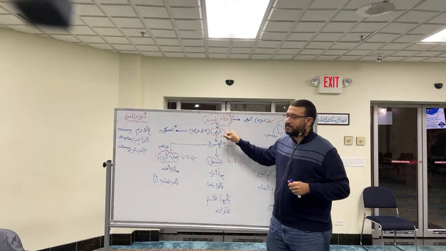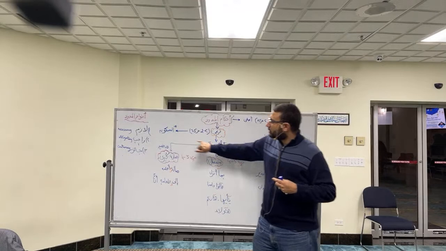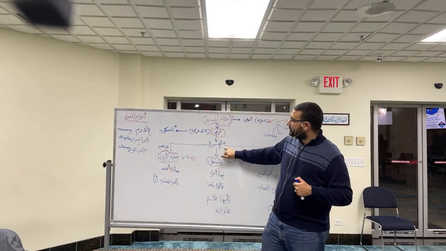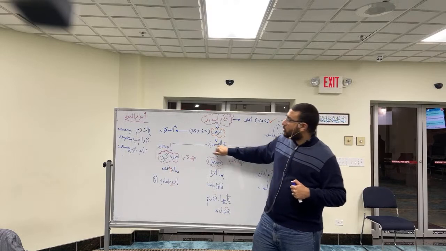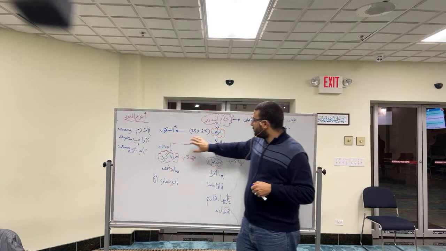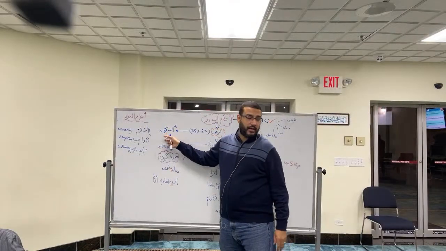The secondary have a specific reason, and those reasons are either al-hamza or as-sukun, coming right after harf al-mad. Today, inshallah, we'll just focus on al-hamza, and next time we'll talk more about as-sukun.